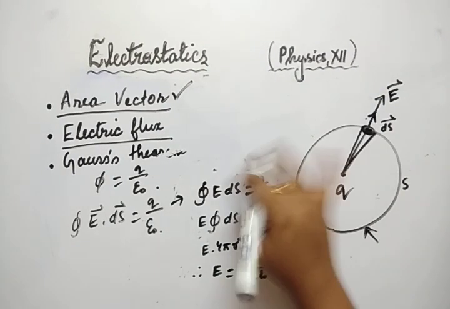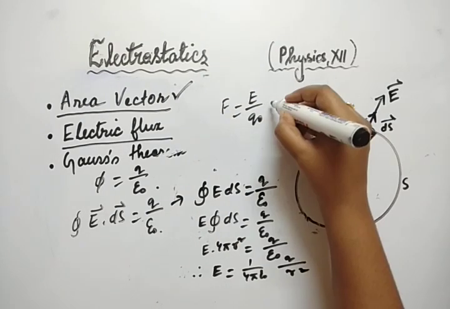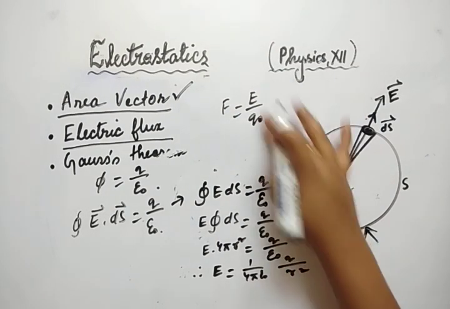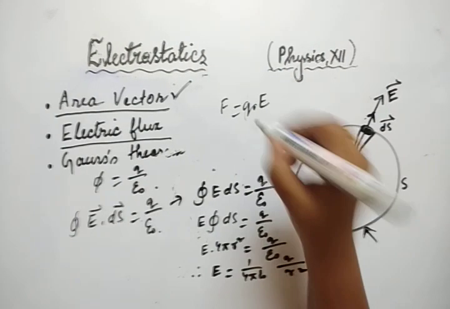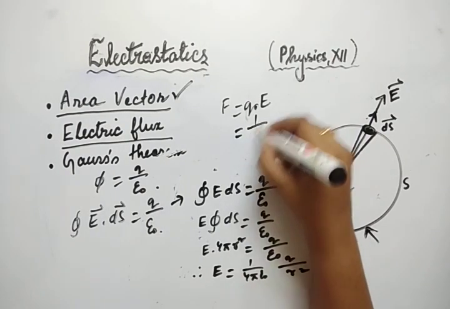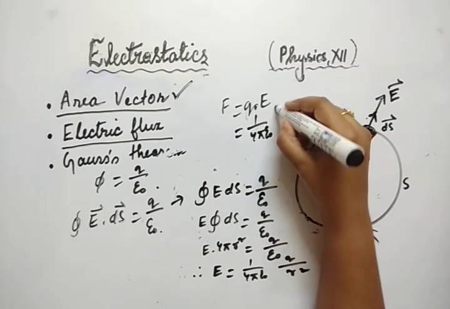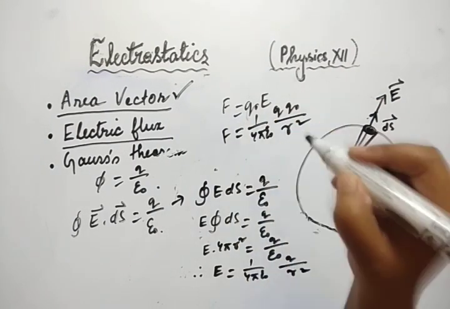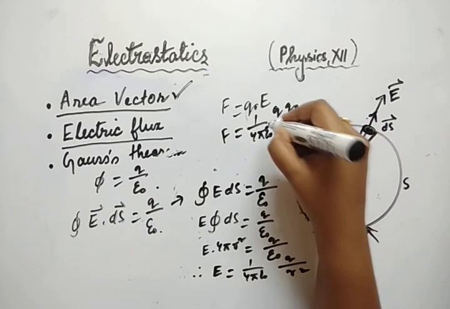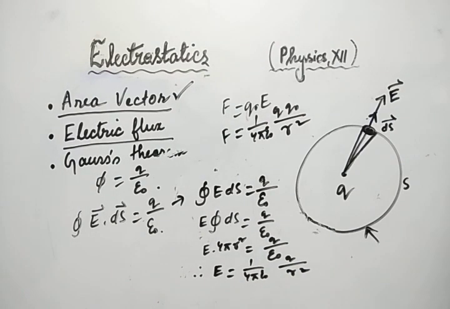We can write force as Q naught into E. We know E is 1 by 4 pi epsilon naught q by r square, so with Q naught here, the force is 1 by 4 pi epsilon naught times q Q naught by r square. So this is your force, and hence Coulomb's law is also proved.